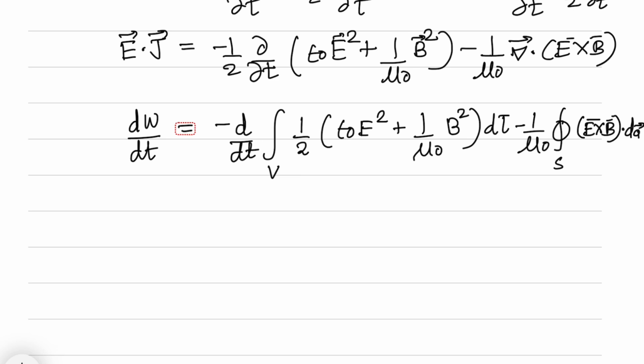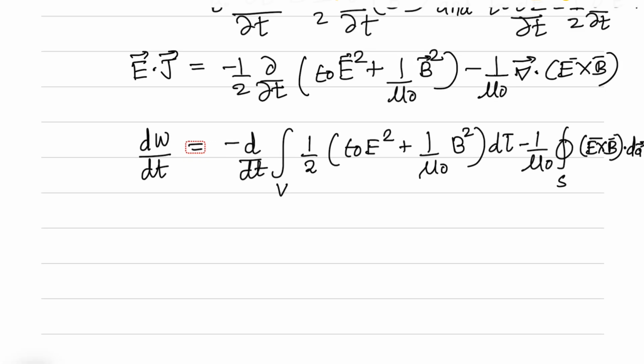So if we use this equation, finally what we get is this final equation, where S is the surface bounding volume V. This is the integral form of the Poynting theorem. It is the work energy theorem of electrodynamics.